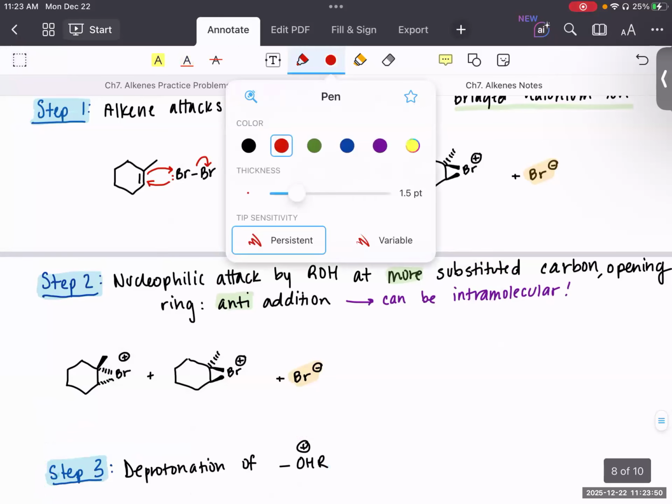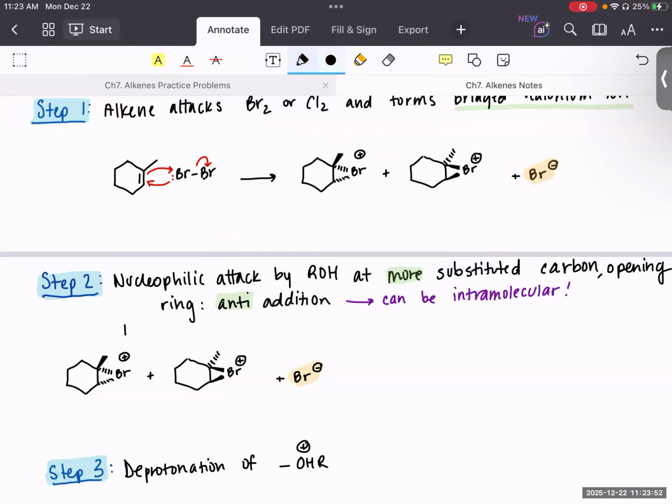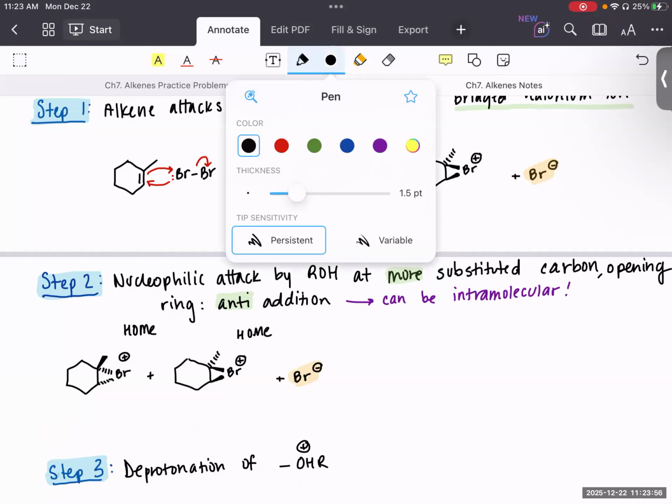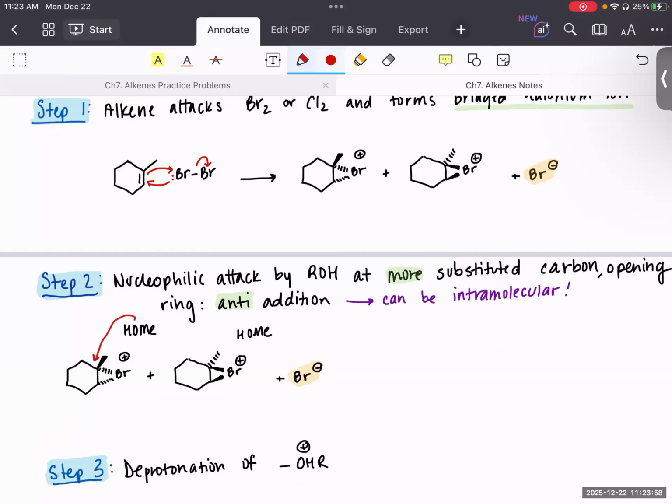So I'll draw in that methanol, and then show that the electrons from the oxygen attack again at the more substituted position and swing open that ring. For this one, we don't really care about that bromide because we're doing this reaction in the methanol. There's a lot more methanol around, and so it's much more likely for methanol to come in and attack.